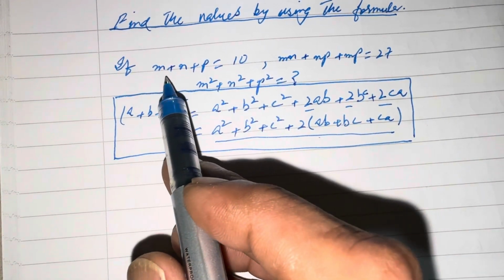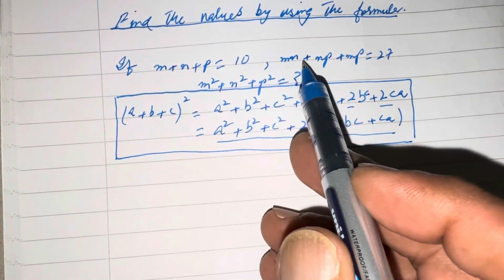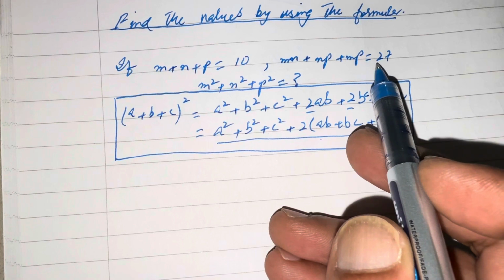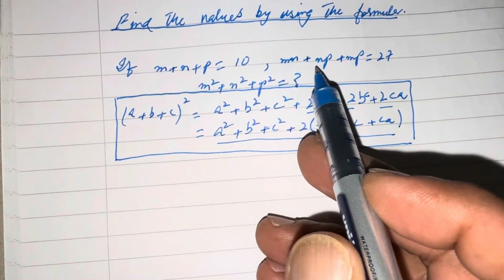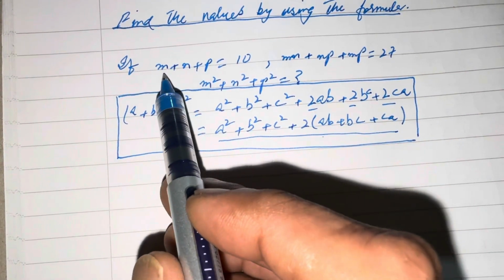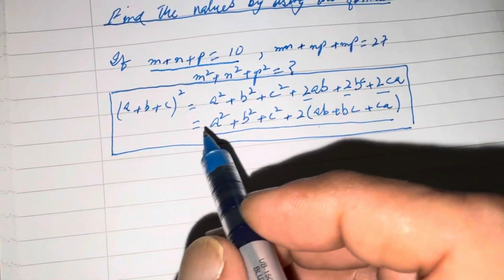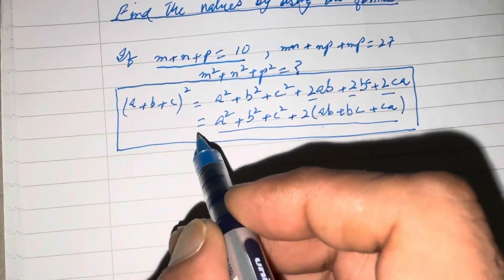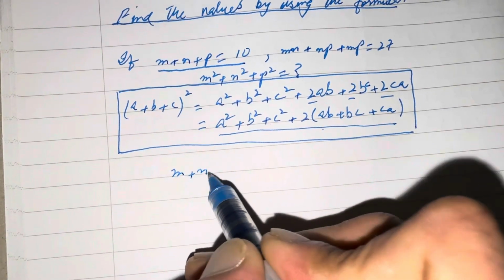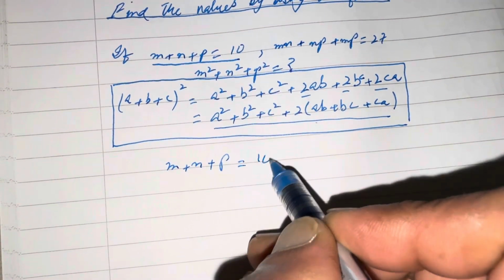The given values are m plus n plus p is equal to 10, mn plus np plus mp is equal to 27. So let's start by taking this value, as given in the question, that m plus n plus p is equal to 10.